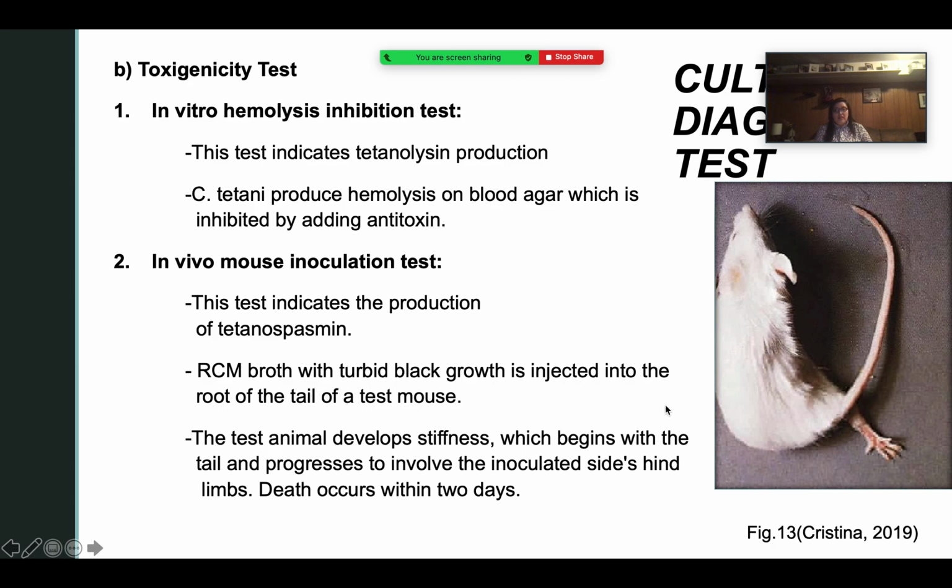It is injected into the root of the tail of the mouse, and the test animal develops a stiffness which begins with the tail and progresses to involve the inoculated site and hind limbs, and the death of the mouse is going to occur in 2 days.